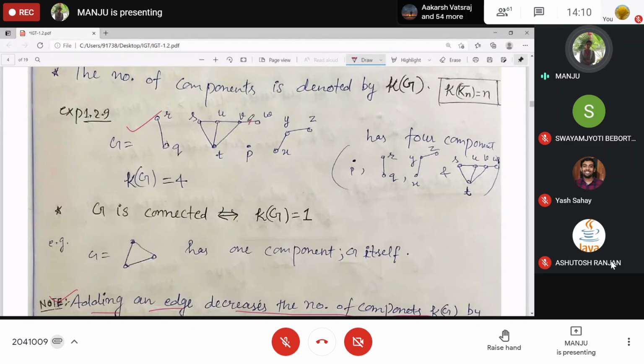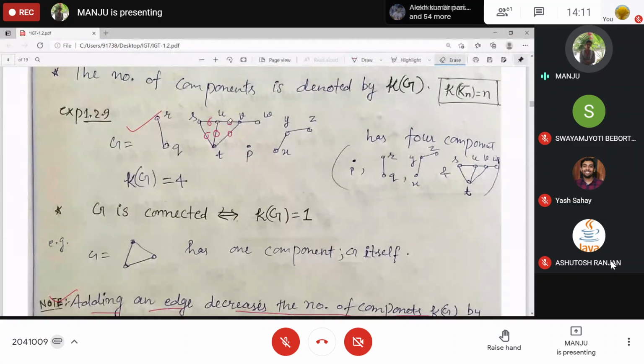If I remove this edge, you can remove any of these, any edge which is present on some cycle, that will not increase the number of components.